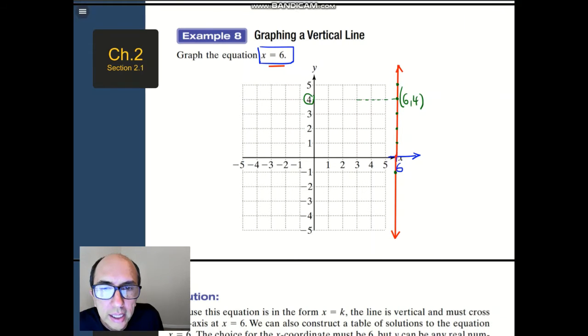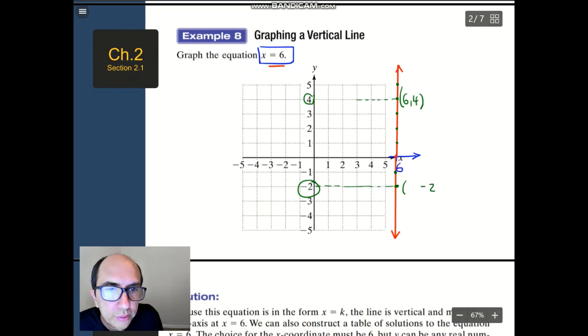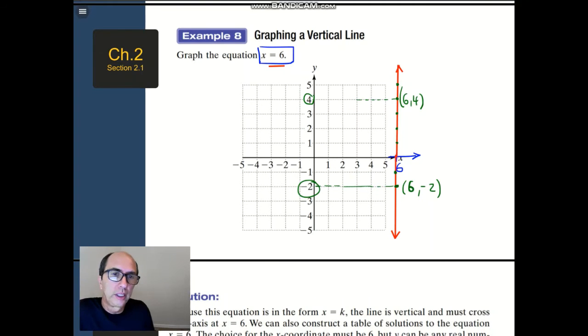Another one, let's say this. The y coordinate is negative 2, but the x coordinate is 6. And for any point in this line, we have x coordinate equals 6, and that's a characteristic of a vertical line.